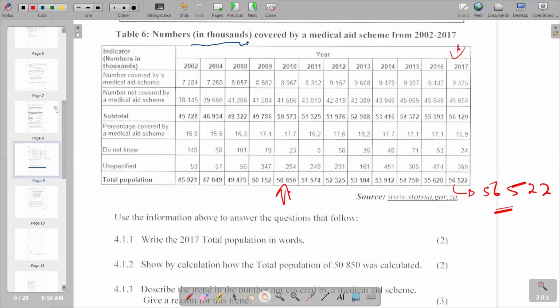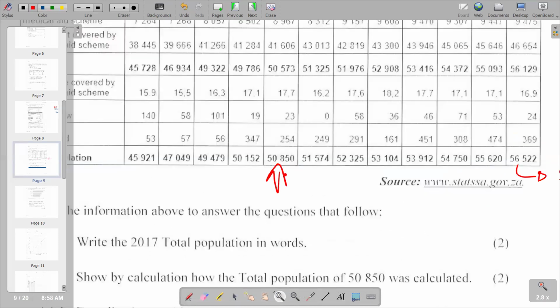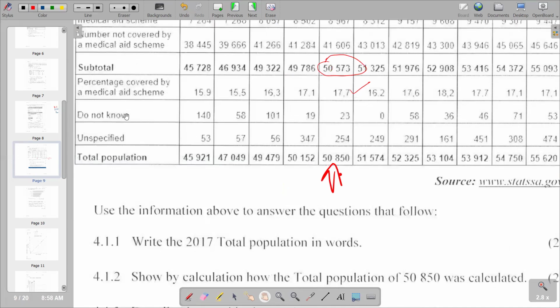So we are just going to start by adding from 50,573. And then we are supposed to add, this is a percentage. We can take note, 17.7 is a percentage given by percentage covered by medical aid scheme. So we're going to say 50,573 plus 23 plus 254. Then we get 50,850.